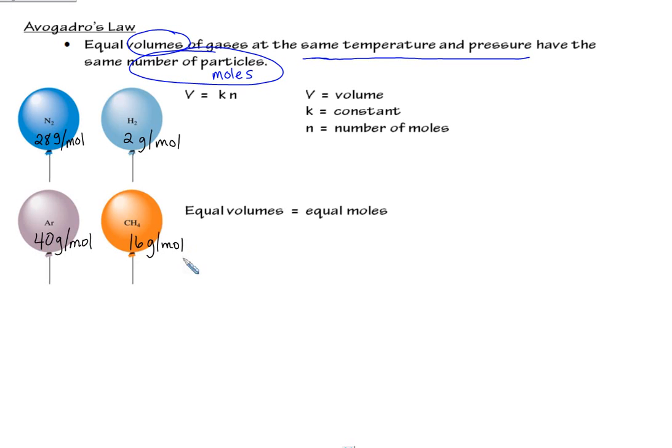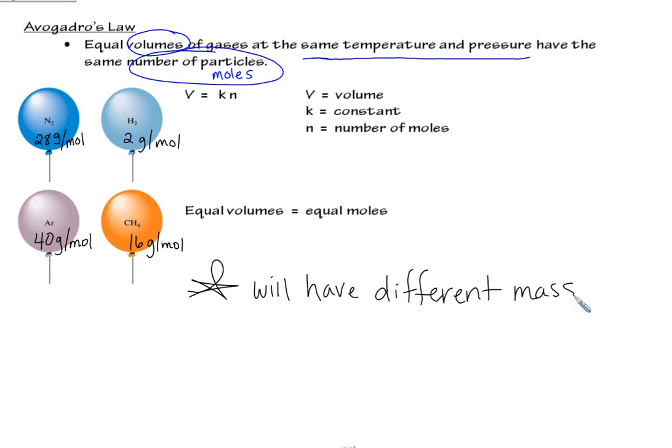I think people have a hard time understanding why these balloons would have the same volume when they have different gases, and their gases have very different masses. Well, here's one thing that we should make note of. Because they have different gases, they will have different masses.